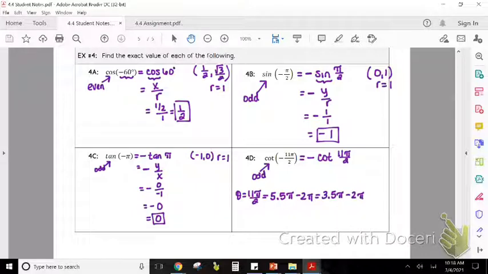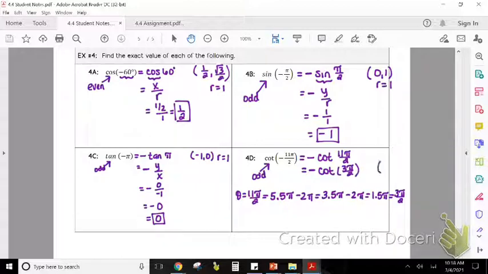Subtract out another full circle. That tells me it is 1.5 pi. That is on my unit circle. 1.5 is 3/2, so this is in the location of 3 pi over 2, which means it's going to be negative the cotangent of 3 pi over 2. It's equal to that as well.